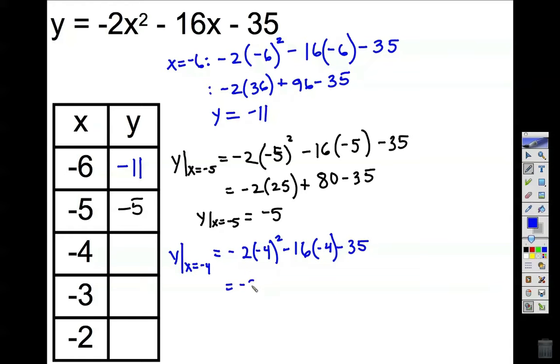So that itself is -2 times positive 16 plus 64 minus 35. Once you input that into the calculator, that is equal to -3. Alright, let's finish the table off in the next slide.